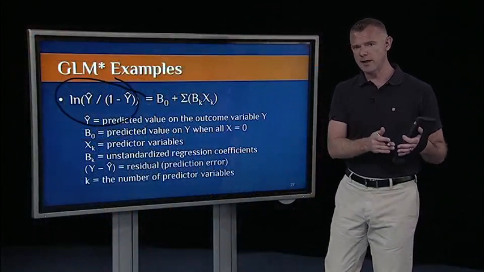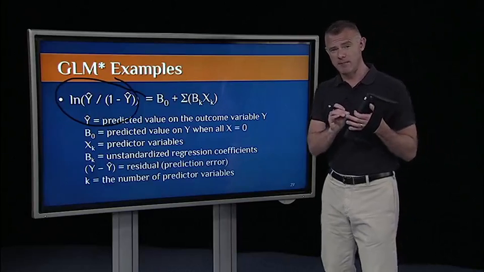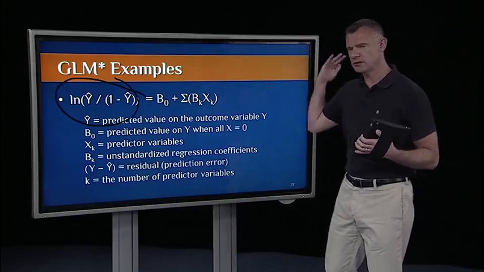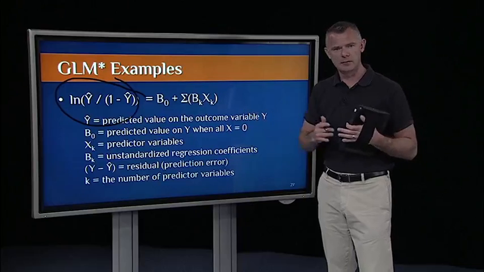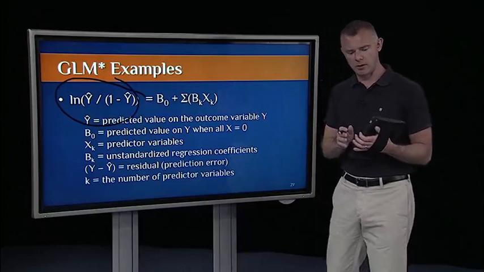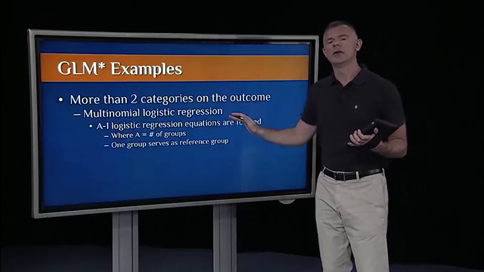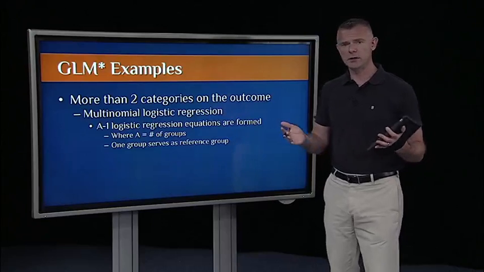So the GLM star, generalized linear model, and the GLM function in R are very powerful and can test all sorts of regression models. Not necessarily linear, could be any kind of function we want. If you have more than 2 categories, so we didn't go beyond binary, but you could, right?